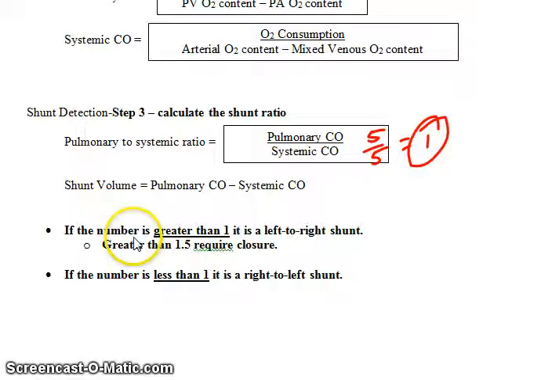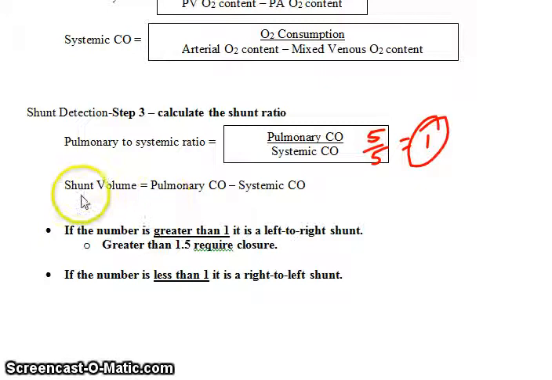But when you do the calculation, if you have a value that is greater than 1, then you have a left to right shunt. And if you have a number that is less than 1, you have a right to left shunt. Also, greater than 1.5 is the cutoff for requiring closure of that shunt.